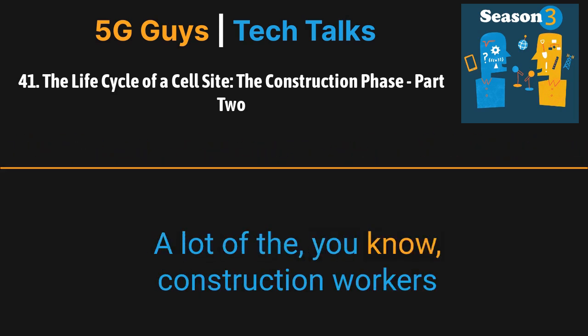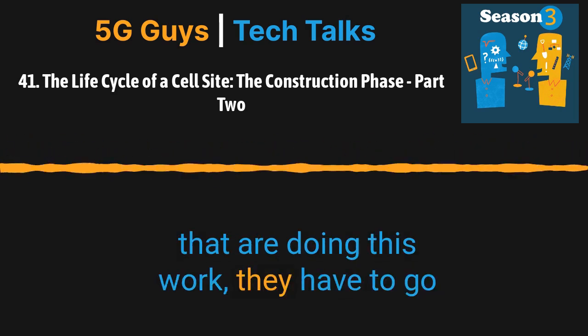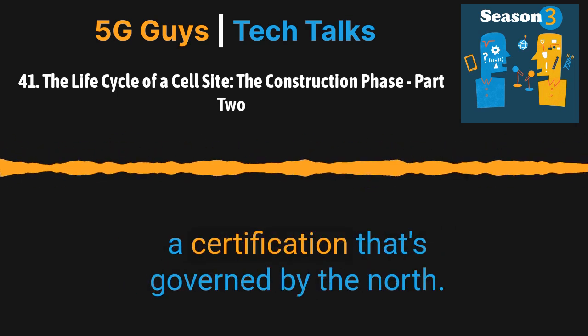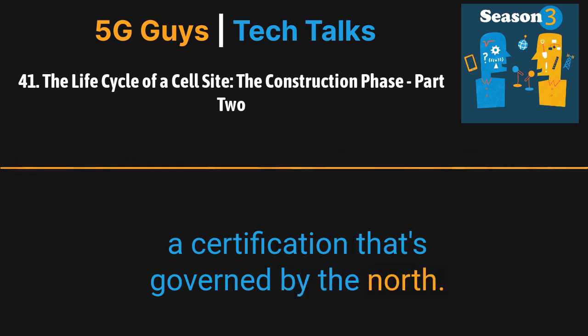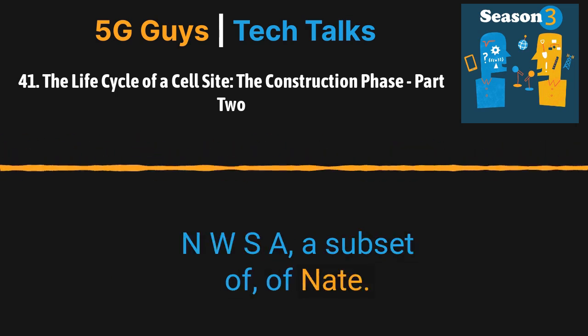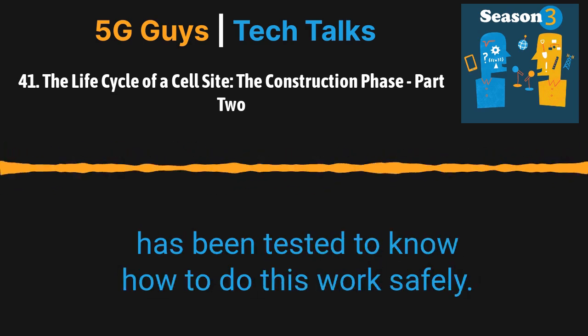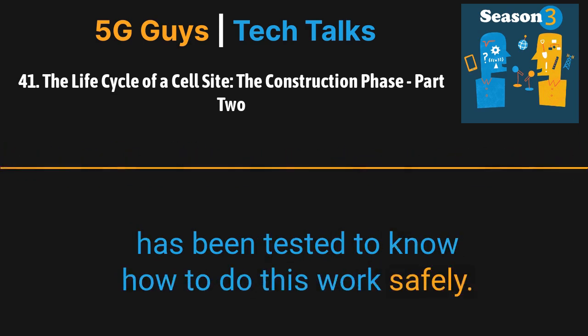A lot of the construction workers doing this work have to go through a certification process, holding a certification governed by the NWSA, a subset of NATE, that basically says this person is qualified and has been tested to know how to do this work safely.